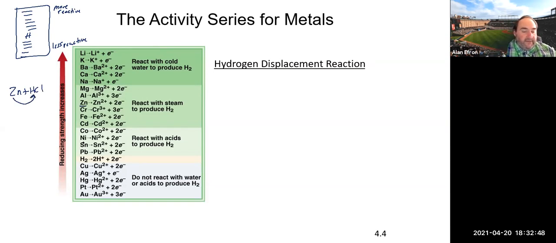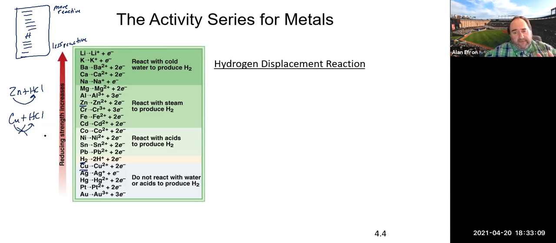The zinc is higher on the list than hydrogen, so we would expect that reaction to take place. But if you swap it out for copper replacing hydrogen, copper is actually lower than hydrogen. We would not expect that to happen, and this reaction would not take place.